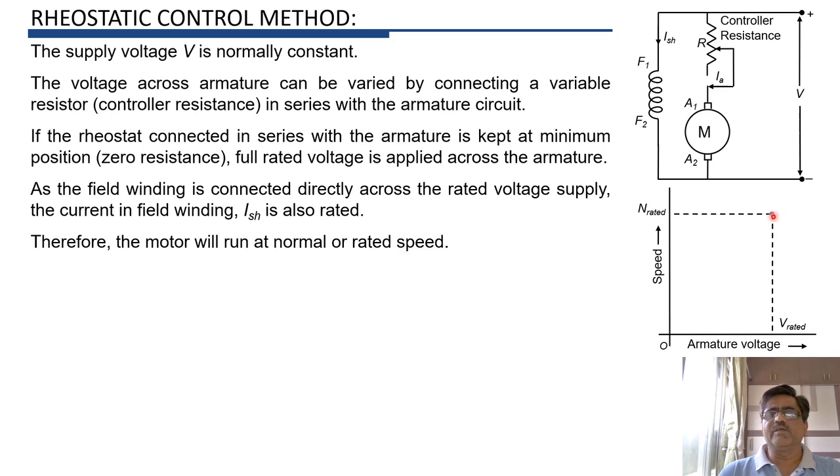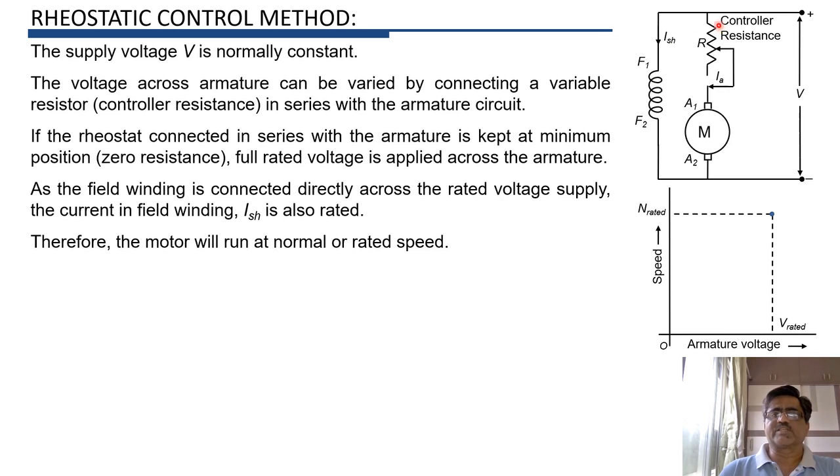So this is the normal or rated speed of motor. The motor will run at this speed if this controller resistance R is equal to 0, because at that time armature voltage is V rated and current in field winding is also rated.